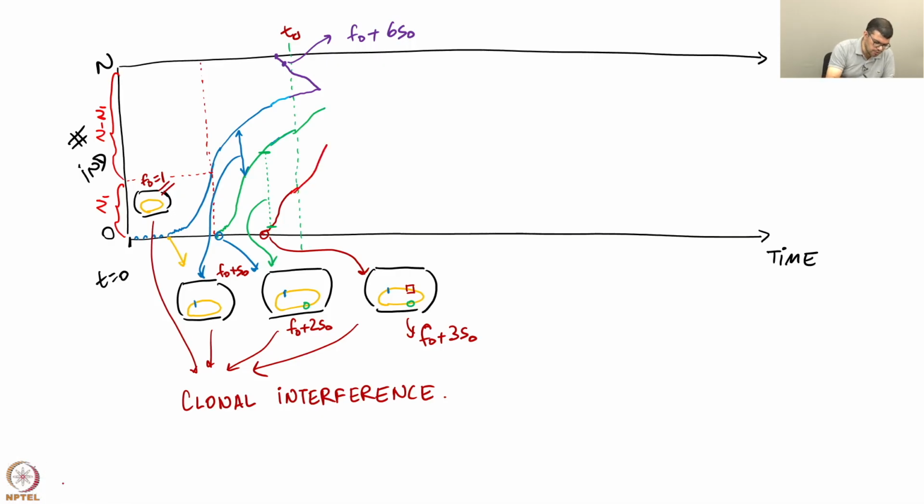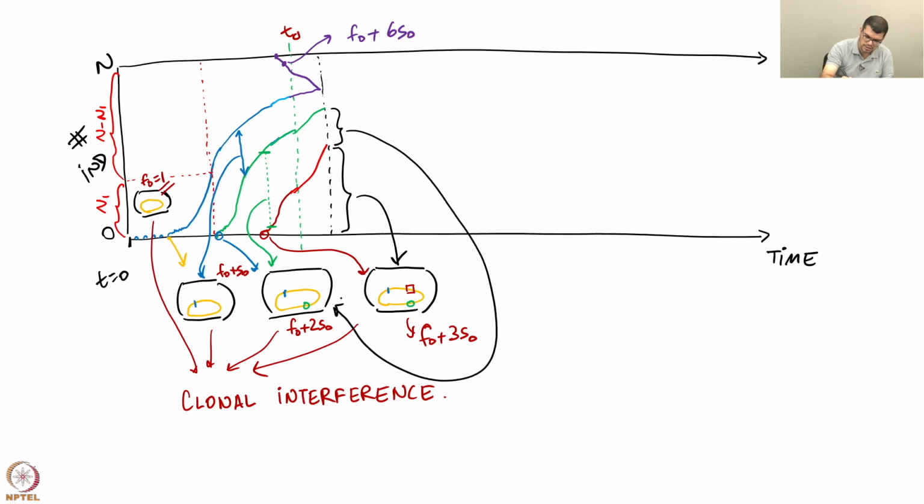So, if I fast forward from T naught to this time now and ask what is happening here, this many number of individuals belong to this genotype, this many number of individuals belong to a genotype which carry the blue and the green mutation, and this many number of individuals carry only one mutation, which is the blue one, which is this, and as you can see the blue is shrinking, so it is going extinct.